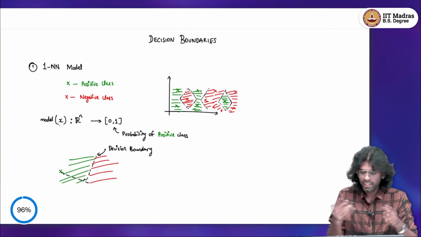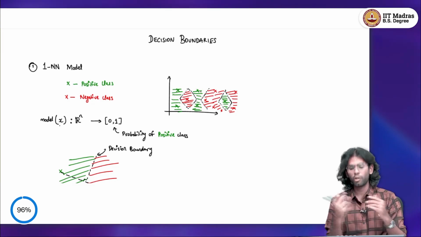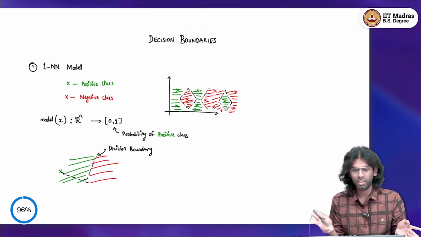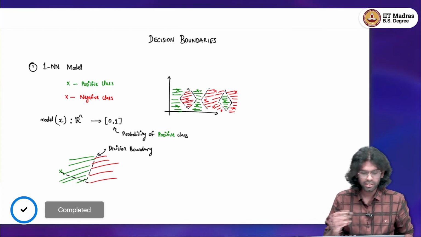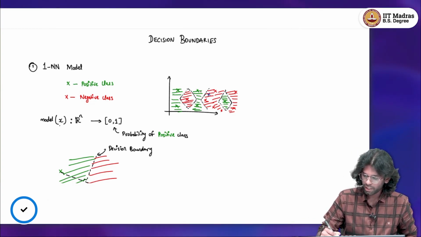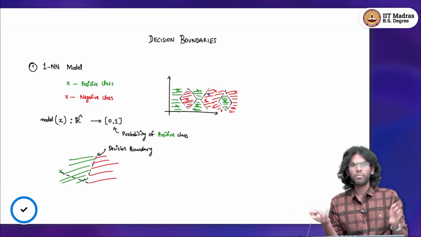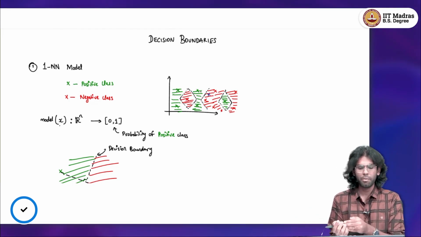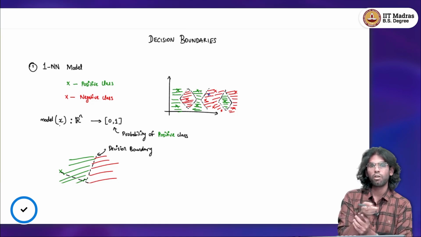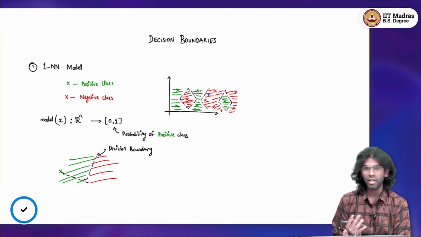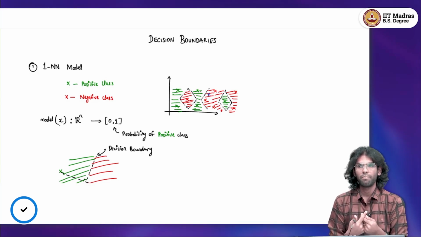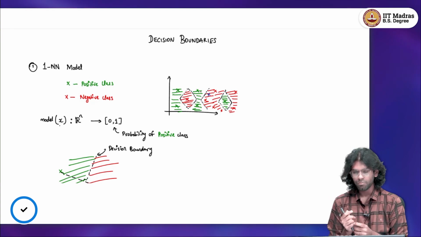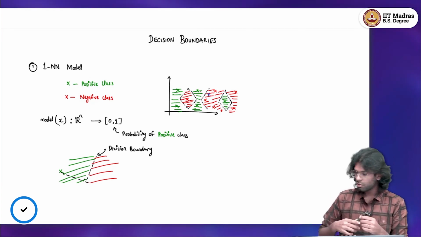We've not just done it for one or two points, we've done it for the whole set of points in the space, and we got this decision boundary. Later I can say if my test point appears here, then it will be classified as a negative point. So this is what a decision boundary is, and this is what the decision boundary for a one nearest neighbor model looks like. I urge you to think about the cases where k is increased to 2, 3 and so on. It's a good thing to think about.